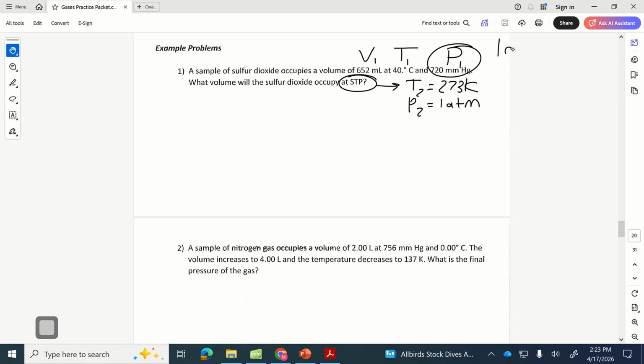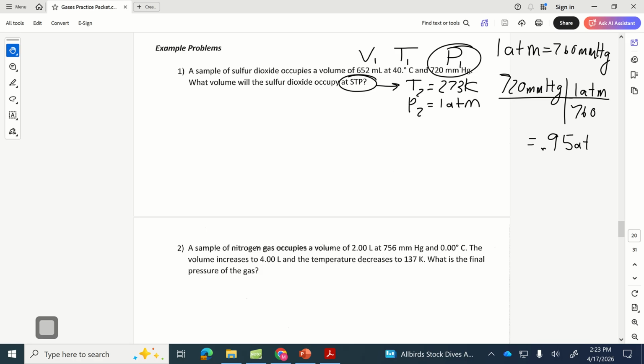If we recall, 1 ATM is equal to 760 millimeters of mercury. I can do 720 millimeters of mercury, 1 ATM on top, 760 on the bottom, and I get 0.95 ATM as my pressure 1.